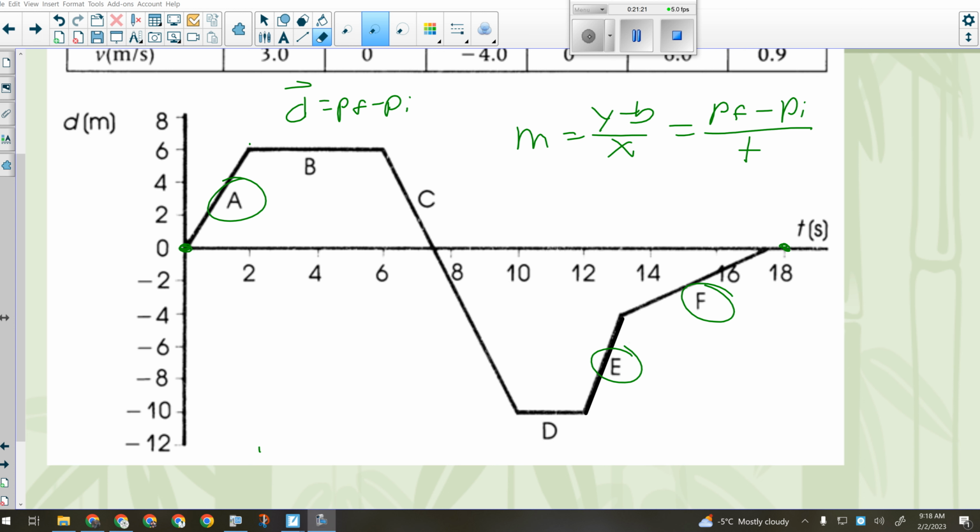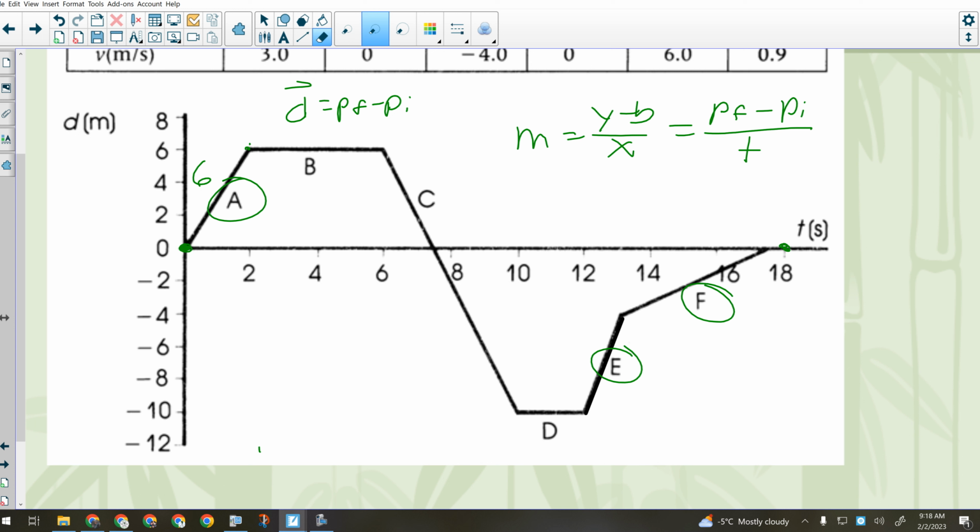All right, so distance is scalar. Right? It doesn't care which direction we go, it just cares how far do we go. So in order to figure out how far we go in total, we have to figure out how far we go in each part of the graph, and then do what with those numbers? Just add them up. Right? So in this first part, in part A, we go from a position of 0 to a position of positive 6. So we go 6 meters there.